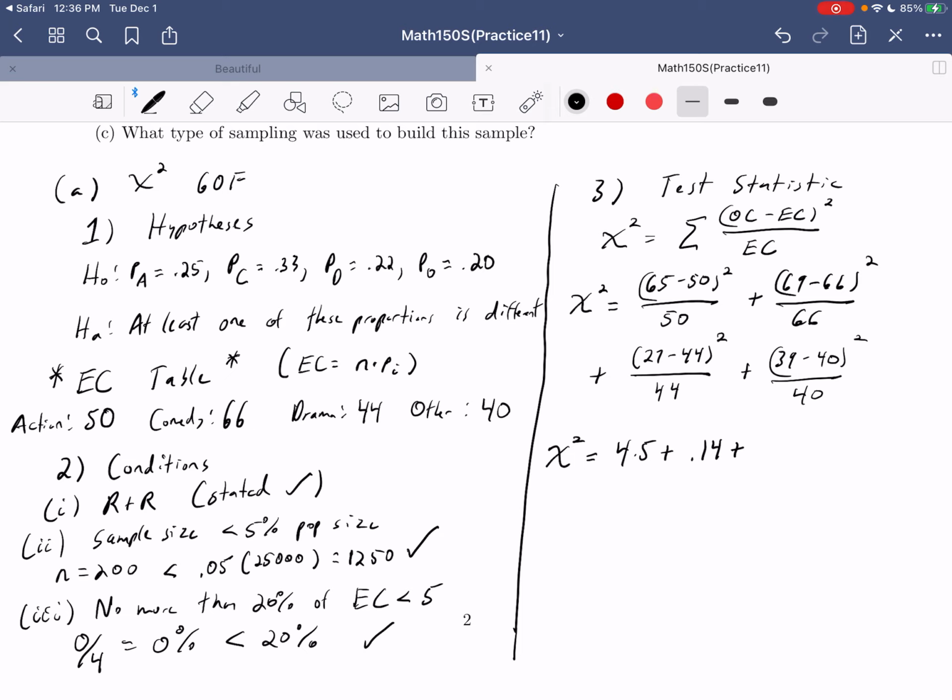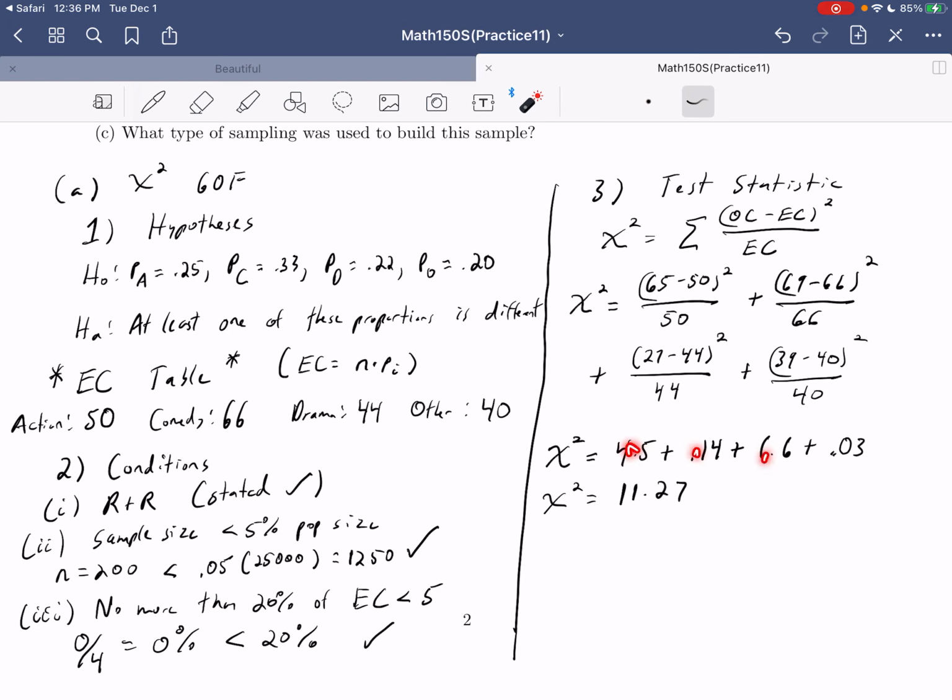We can see that that comes in as about 6.6. And then finally, 39 minus 40 squared and then divided by 40. We should get plus 0.03. Summing all that up, 4.5 plus 0.14 plus 6.6 plus 0.03, looks like we should get about 11.27 as our chi-squared statistic overall.